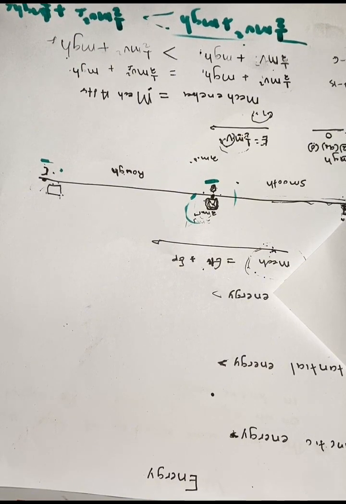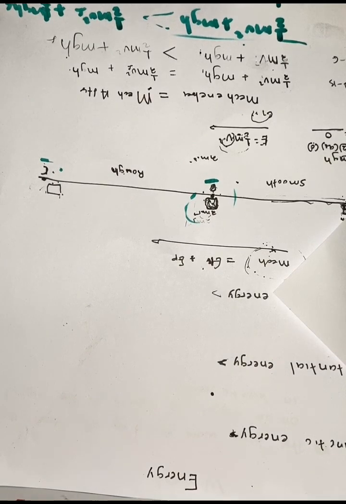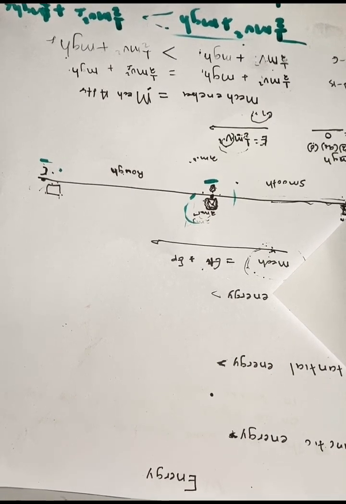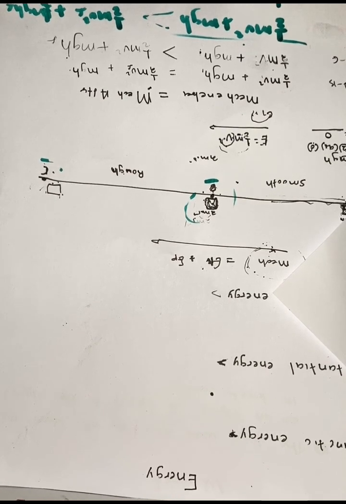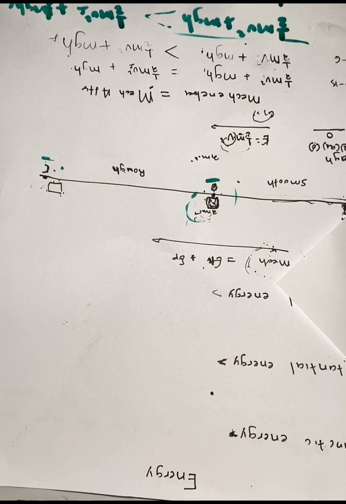Okay, let's continue. It will be 1 over 2 mv squared plus mgh initial equal to 1 over 2 mv squared final plus mgh minus friction force. Then it will be equal. But if I do not subtract that frictional force, then the mechanical energy before will be greater than mechanical energy after.